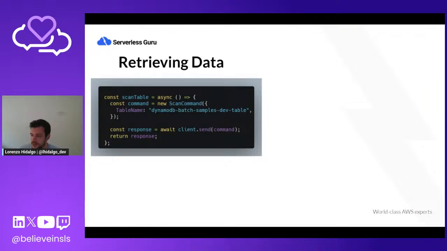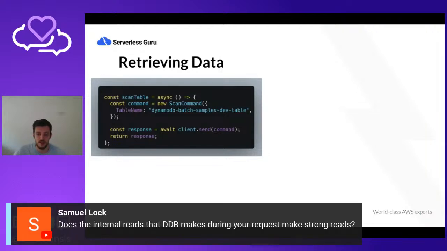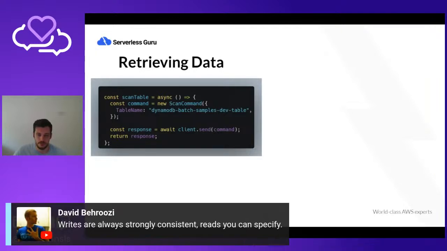that there are different questions from Samuel. Writes with condition expressions should be strong, right? And strong reads will only be strong if you add the attribute. So by writes means you want a strong or consistent write, you want data consistency.